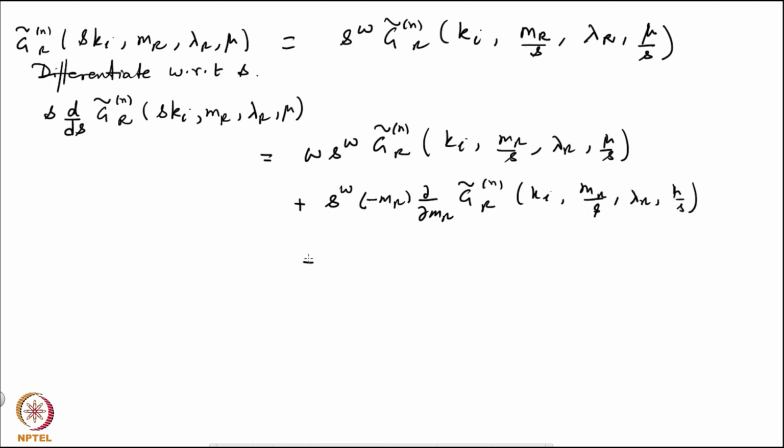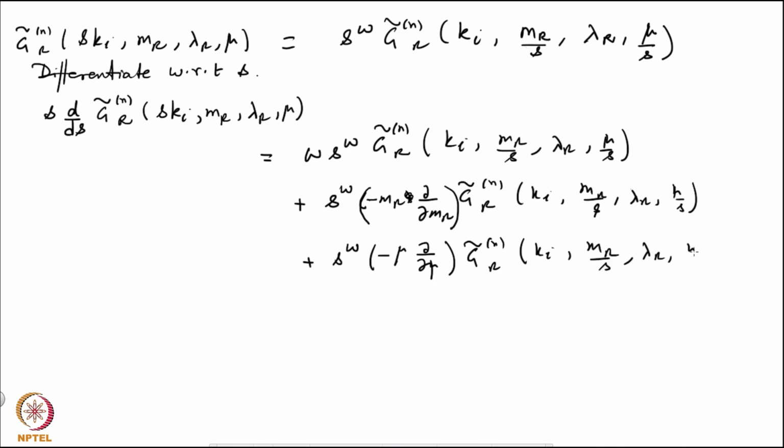And then you'll have one more term, which is s to the w minus mu del over del mu, okay, acting on, here also I could have written like this to be symmetric. So g tilde nr, and again the same thing. Let's see if it is all correct. Yes, omega.